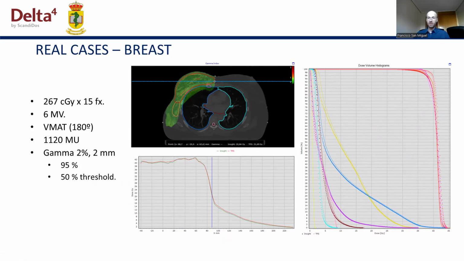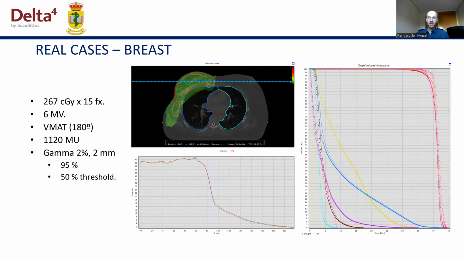So indeed, it is a very modulated plan in this case. The relatively high number of monitor units with respect to the prescribed dose suggests that this is, of course, a highly modulated plan.